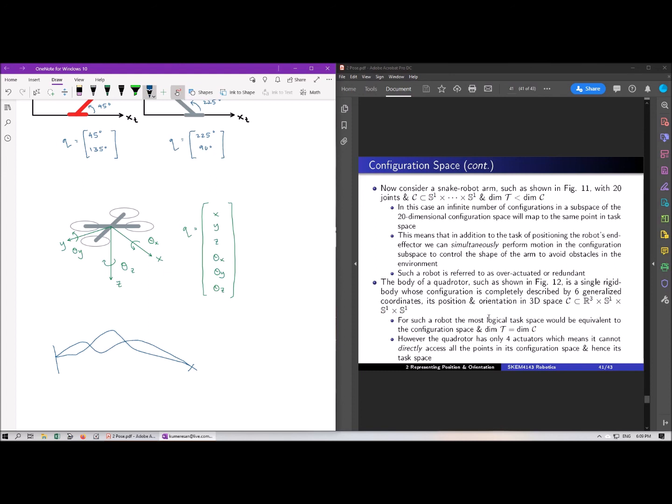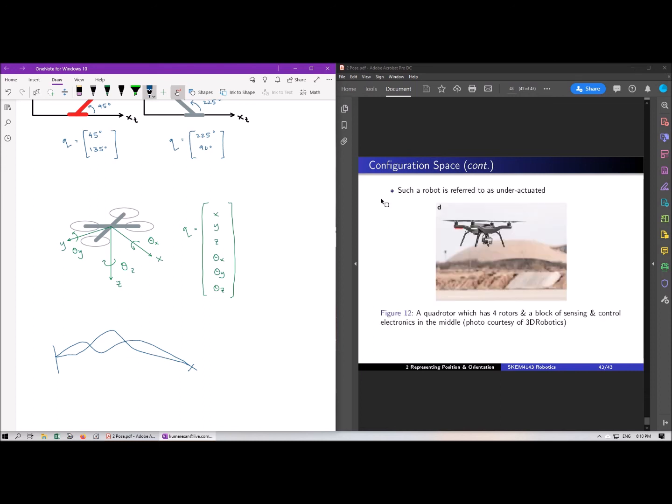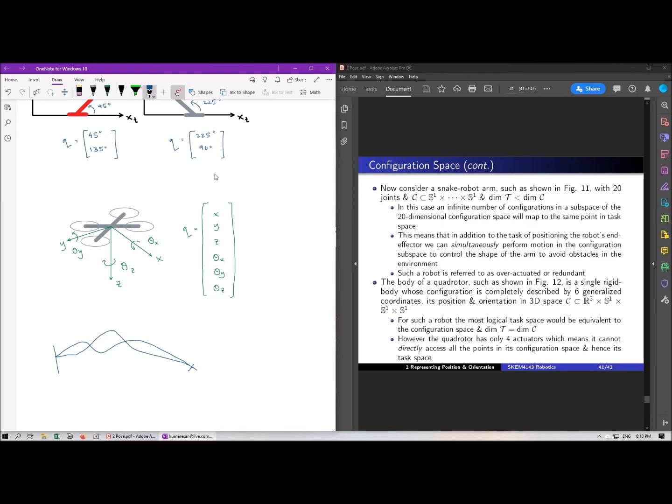For such a robot, the most logical task space would be equivalent to the configuration space. However, the quad rotor only has 4 actuators, 1, 2, 3, 4, which means it cannot directly access all the points in the configuration space. Such a robot is referred to as under-actuated. The dimension of our configuration space is 6, but we only have 4 actuators.